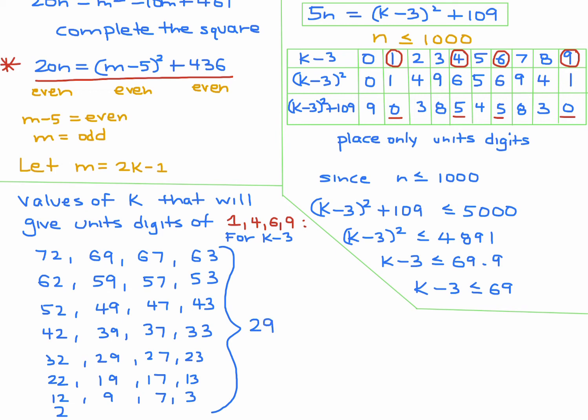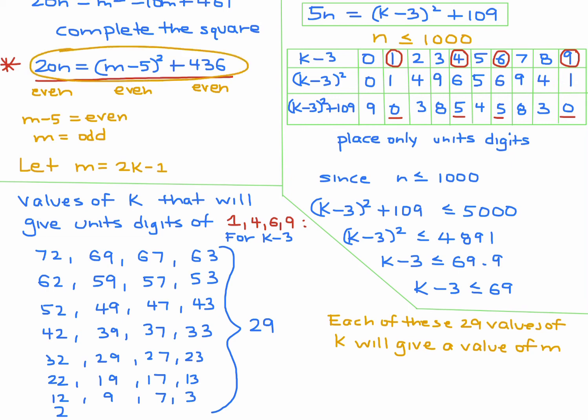If you add all those up, it's 29. And each value of k from this list of 29 will give one value of m, because if you recall, m is equal to 2k − 1. And then once you have a value of m, you plug it back into here to get a value of n.